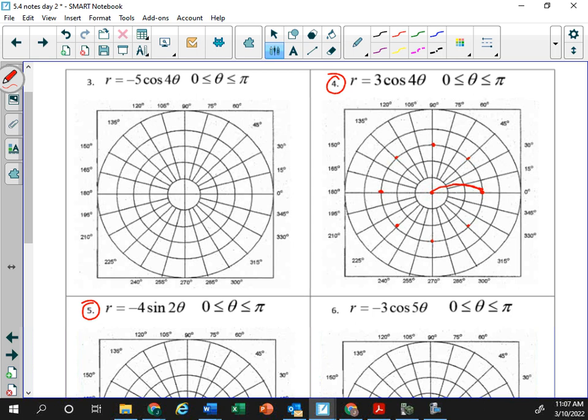So that means this one connects. I kind of missed the pole down here. And then you don't go straight across. You go 1 off from straight across, 1 off from straight across, 1 off from straight across. And that's 4 petals. I messed up in the middle there. That's ugly, but that's what 4 should look like.